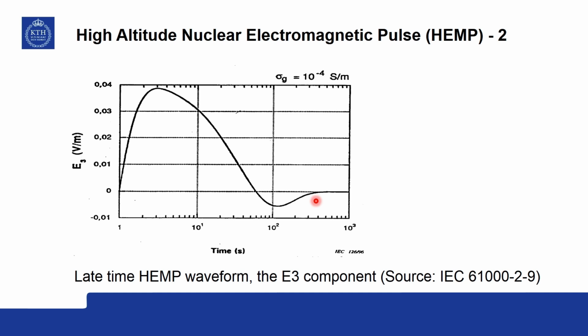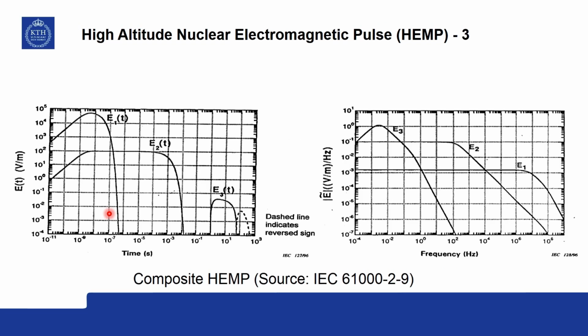So, high altitude nuclear EMP E3 component has got a lot of energy, but these amplitudes are much smaller, but it can produce problems with very long transmission lines, very long pipelines, etc. So, this is a kind of a composite waveform showing E1 component, E2 component and E3 component, and this is in time scale and this is in the frequency spectra. So, this is the kind of source that one has to design the critical system against.